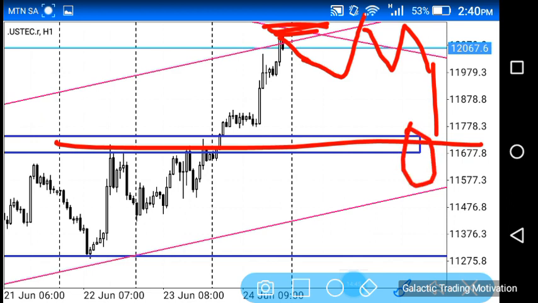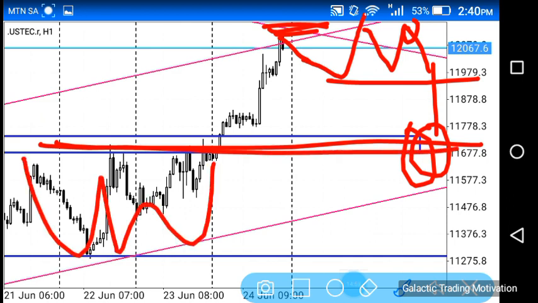So should that happen, I would be looking for selling opportunities at that point, and my first take profit would be the zone over here, which is the neckline of that huge head and shoulders pattern that I spoke about on the bigger time frames.